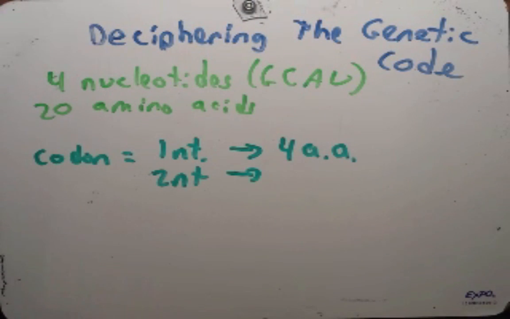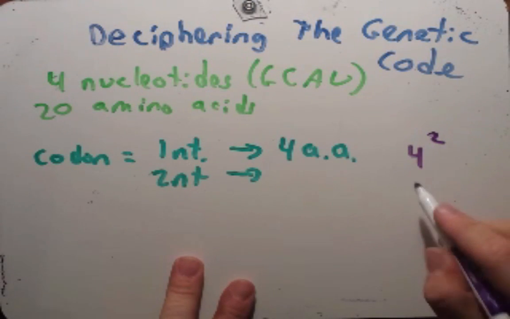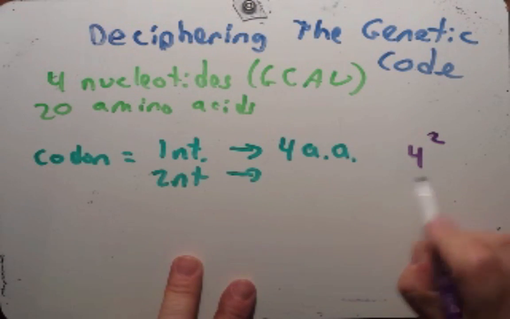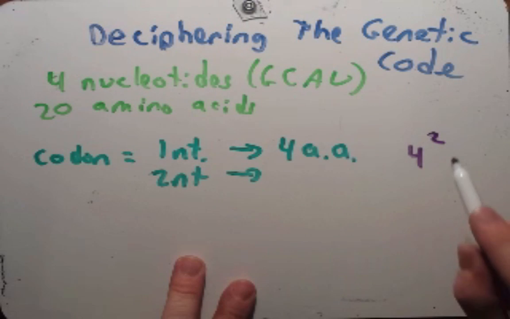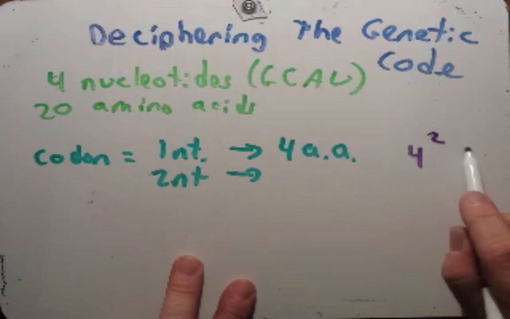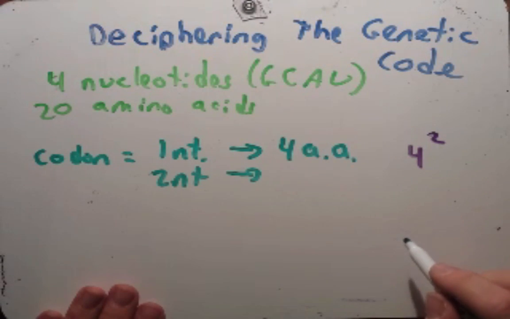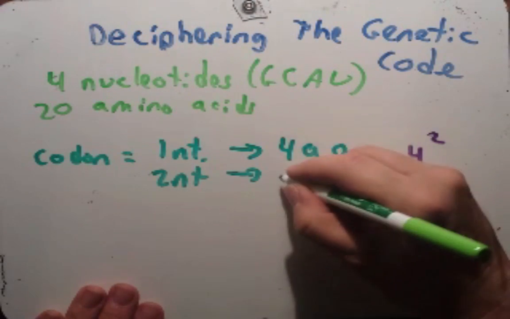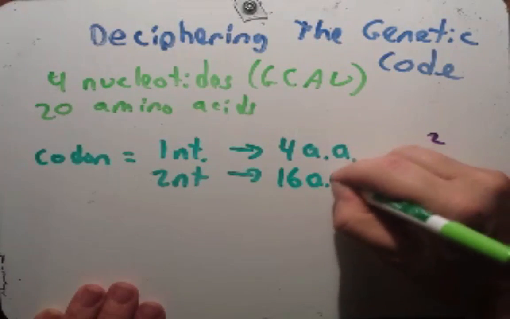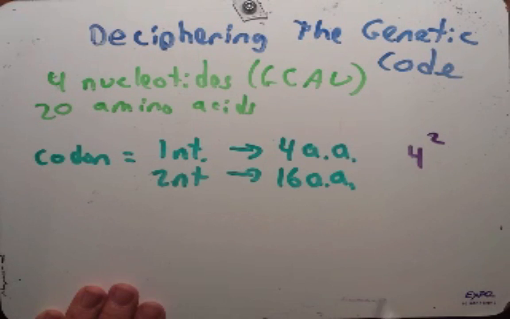If you do this quick little formula, 4 raised to the 2 power, there are 4 nucleotides, and if each codon contained 2 nucleotides, then this would tell us how many different combinations that would make. So 4 squared is 16. They'd get 16 amino acids. Close, almost enough to make 20 amino acids, but not enough.